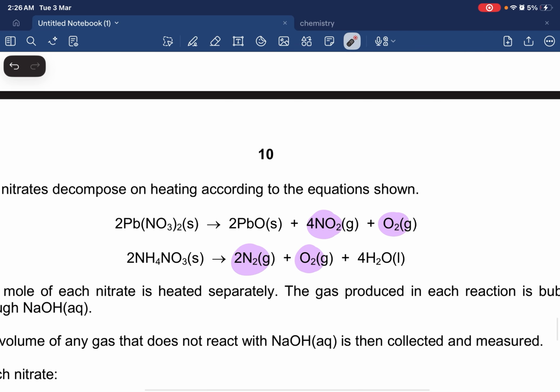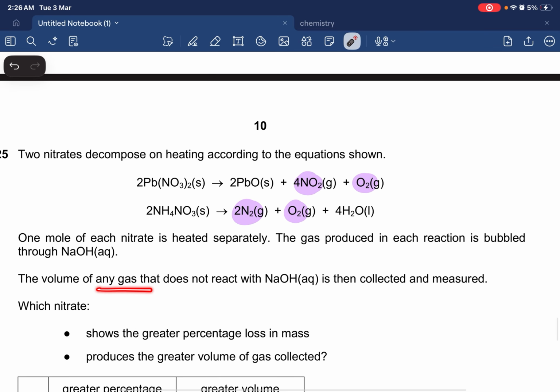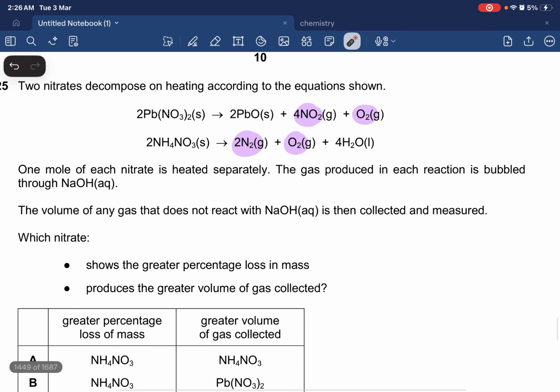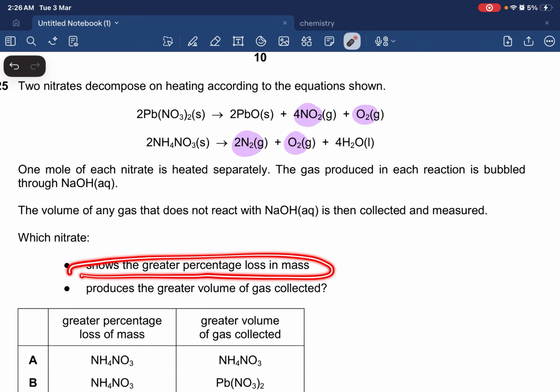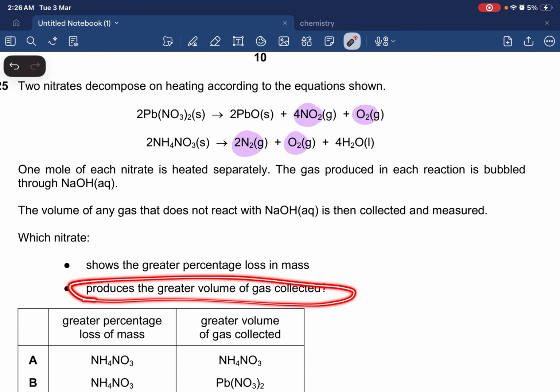But over here, NO2 is an acidic gas. And if we bubble an acidic gas through NaOH, what's going to happen? Probably you're going to form a salt, right? The volume of any gas that does not react with NaOH is then collected and measured. Which nitrate shows the greater percentage loss in mass and produces the greater volume of gas collected?